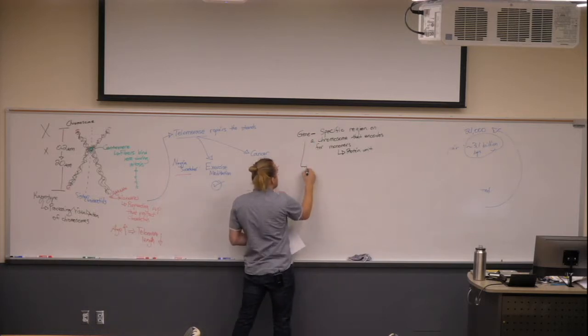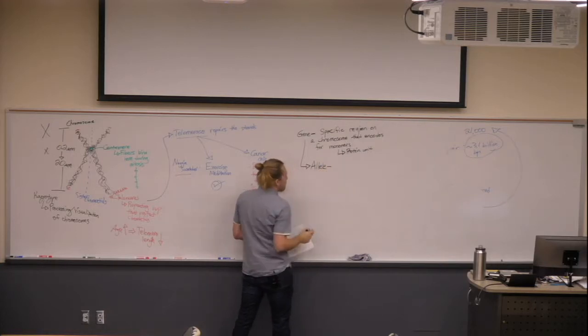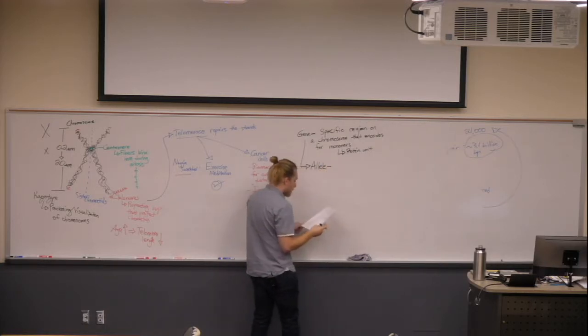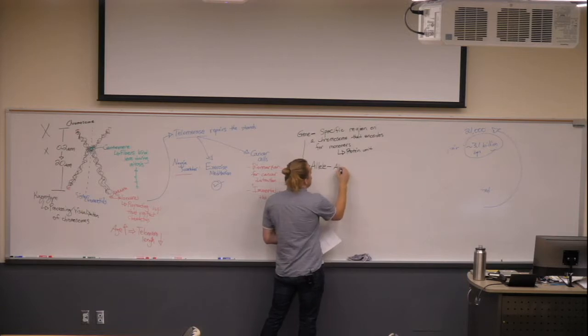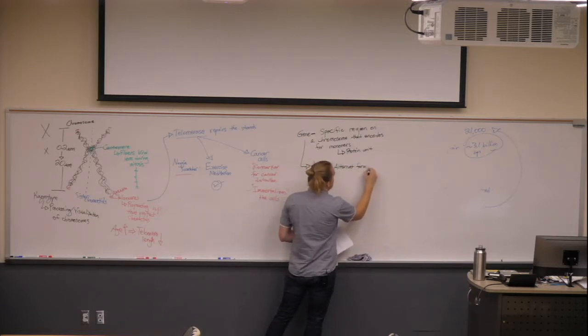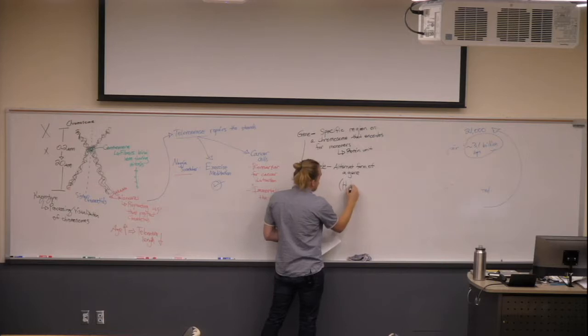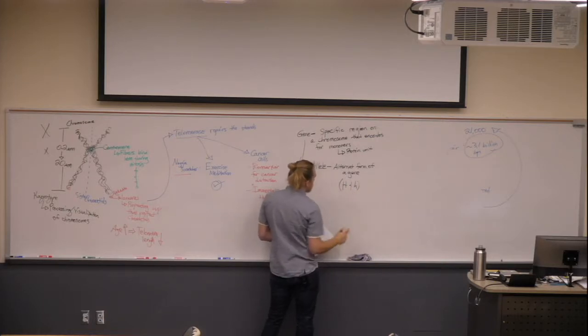Now, related to a gene is something called an allele. An allele is an alternate form of a gene. And these are commonly denoted as an uppercase letter and a lowercase letter.